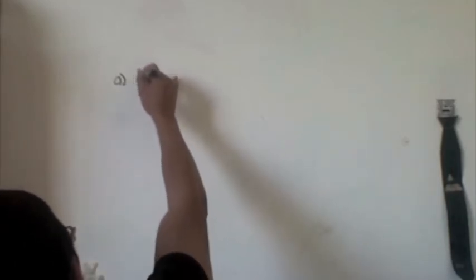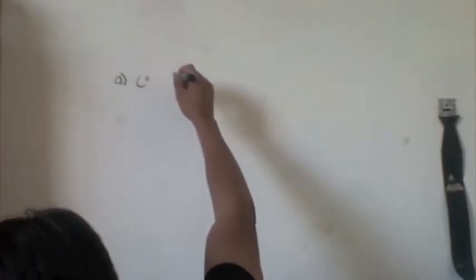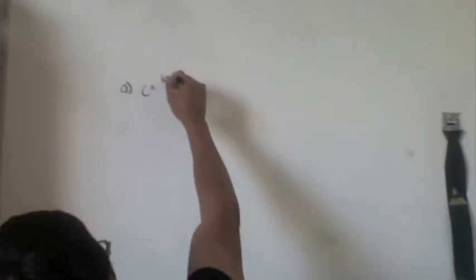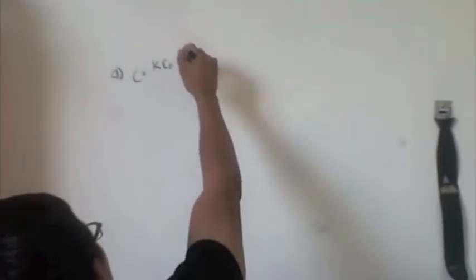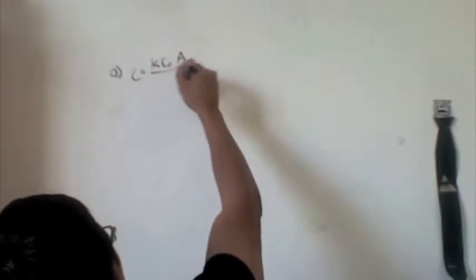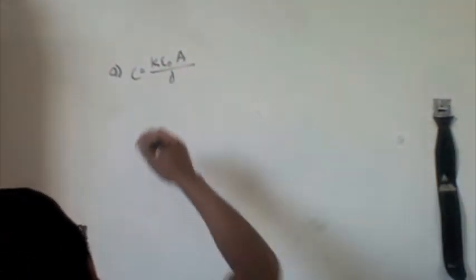In problem 9.5, part A asks you what the dielectric constant of plastic is. From the equation sheet you got capacitance equals K, which is what we're trying to find, times this constant, times the area, over the distance.